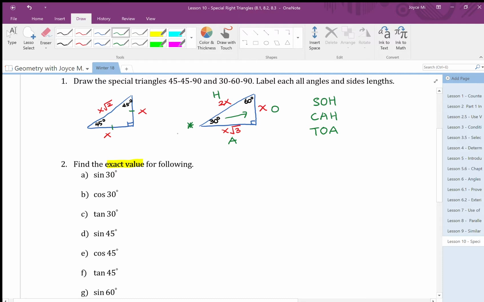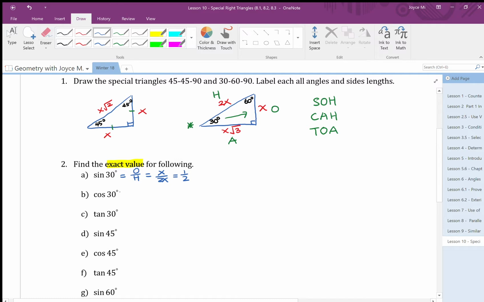Right now I'm at 30, so my opposite is x, my adjacent is x square root 3, and hypotenuse is 2x. So sine 30 is equal to opposite over hypotenuse, which is x over 2x, which simplifies to 1/2. That's the first one.